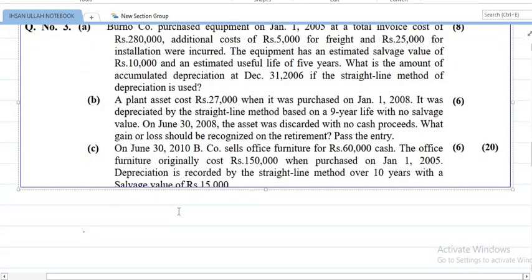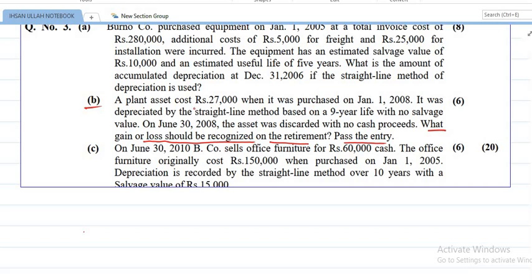Now the second part is asking what gain or loss should be recognized on the retirement, and to pass the entry. We have to calculate the gain or loss and pass the entry.